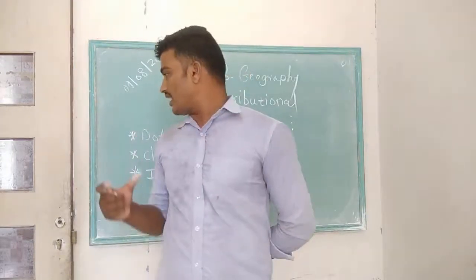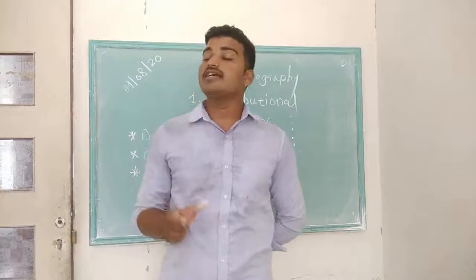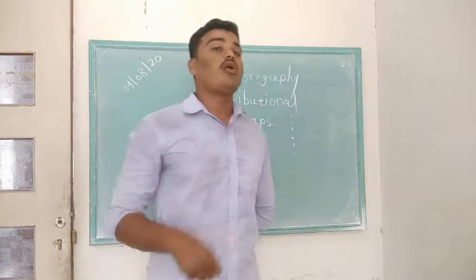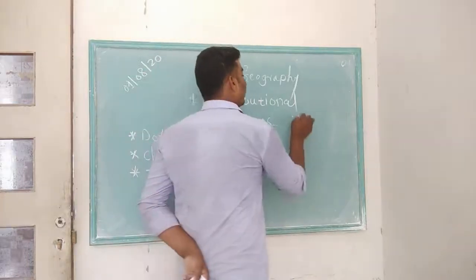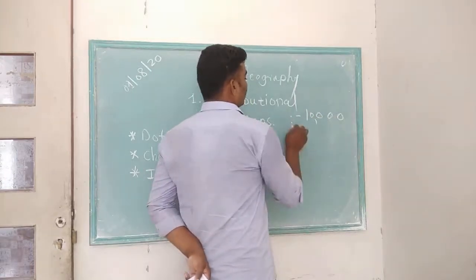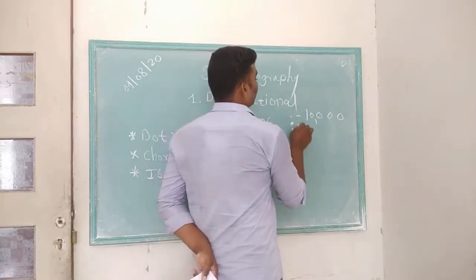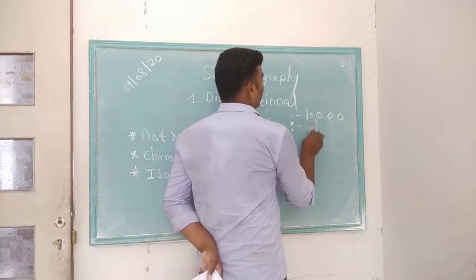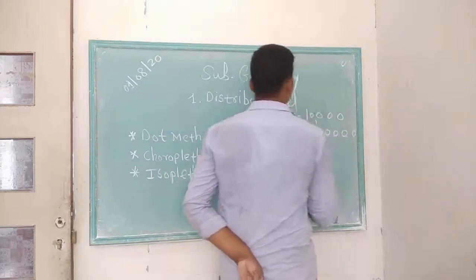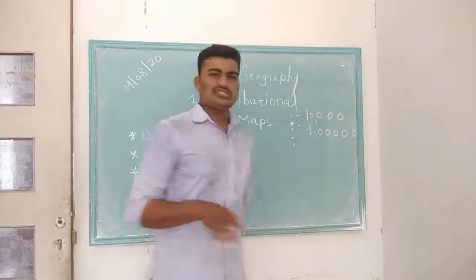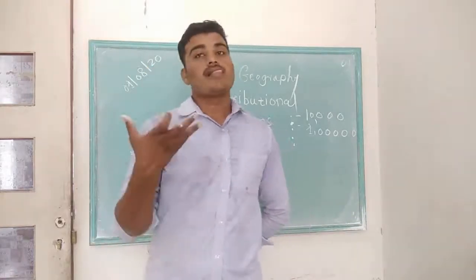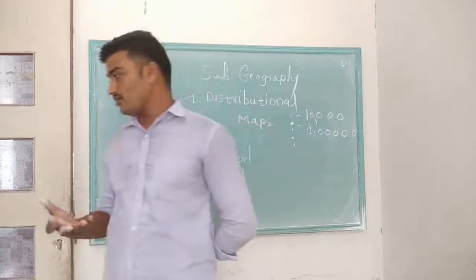We have to decide the density of the map and fix the value of the dot. Suppose one dot represents 10,000 population. Another, suppose the largest dot, can represent 1 lakh population. In this way we determine and fix the actual value of the dots.